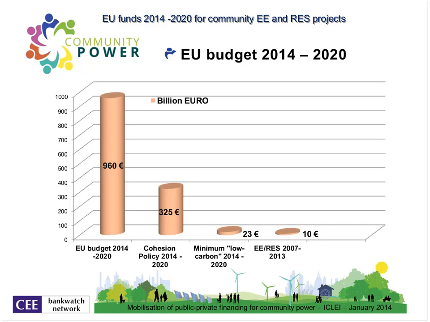Cohesion policy has a budget of 325 billion in 7 years. Two thirds of the EU budget is cohesion policy and agriculture policy. These are the main pots.